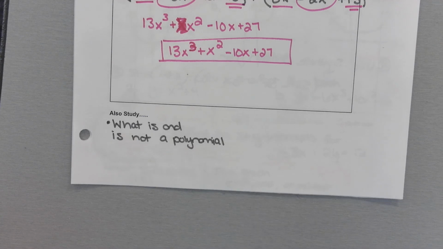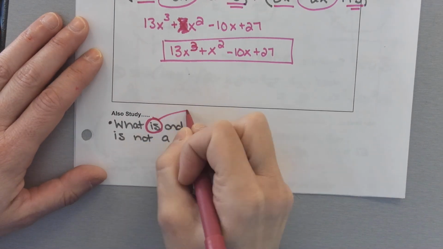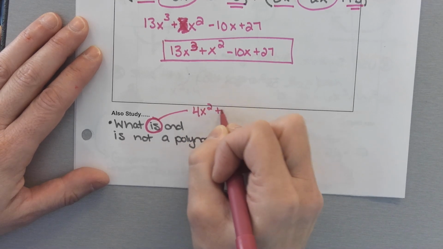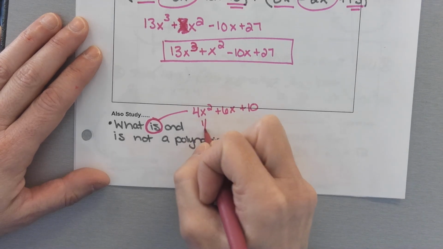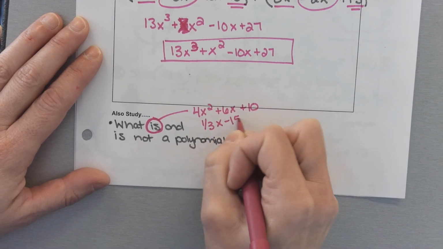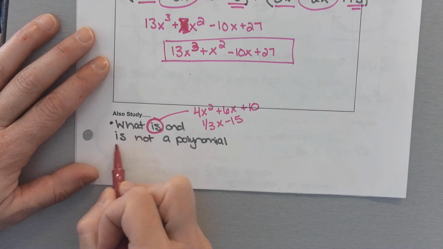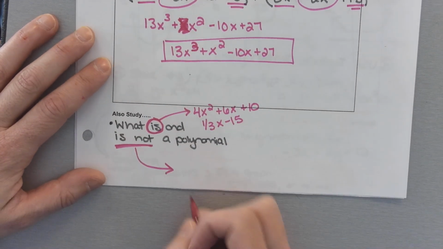What is a polynomial and what isn't? So what is a polynomial? You could have something like 4x squared plus 6x plus 10. You could have 1/3 x minus 15. There are so many things that you could have that are polynomials. What is not a polynomial?